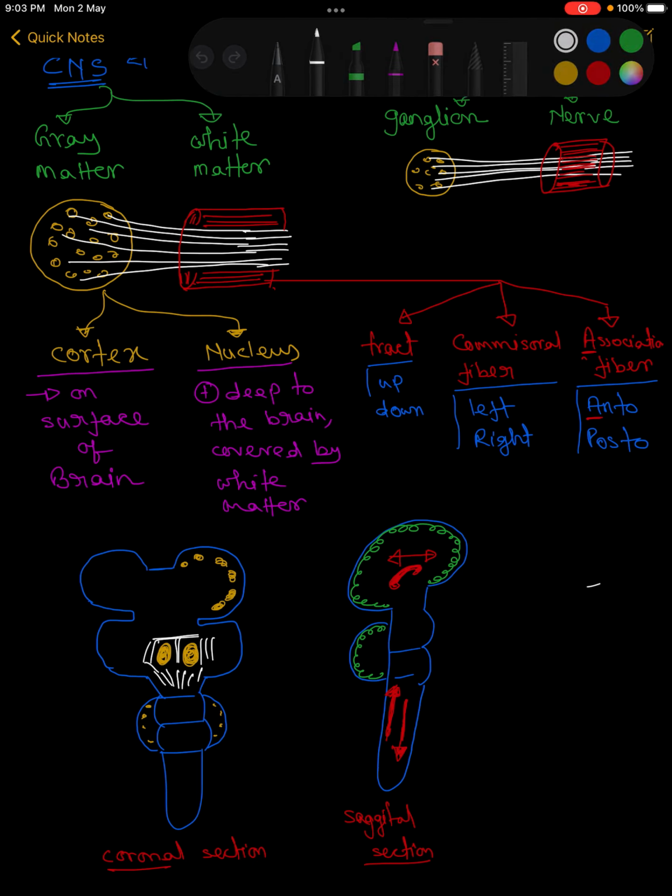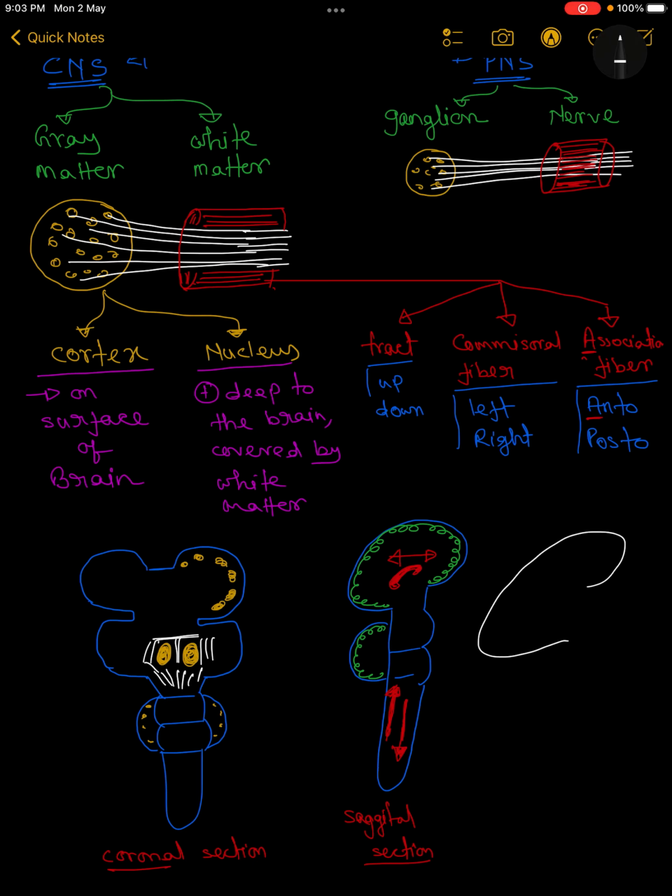Say a thought is generated in the prefrontal cortex and you want to see something, so the visual center is elsewhere, and you have to transmit the signal to that location.